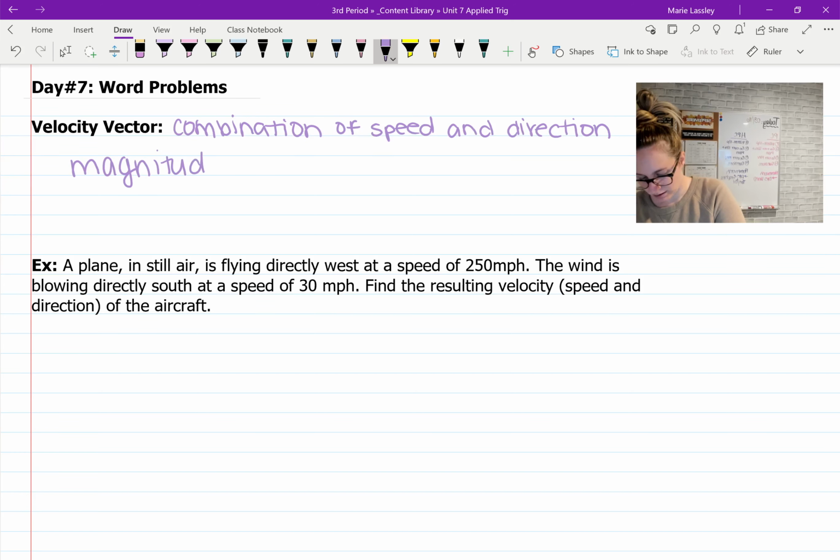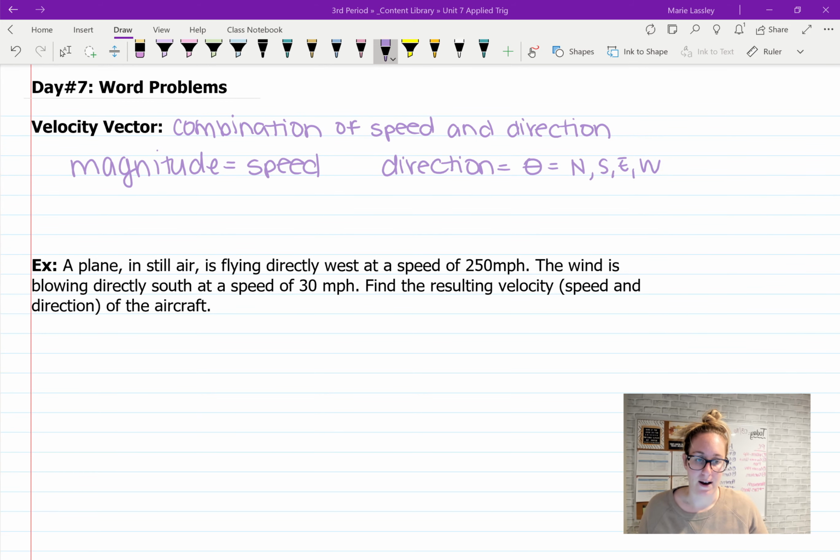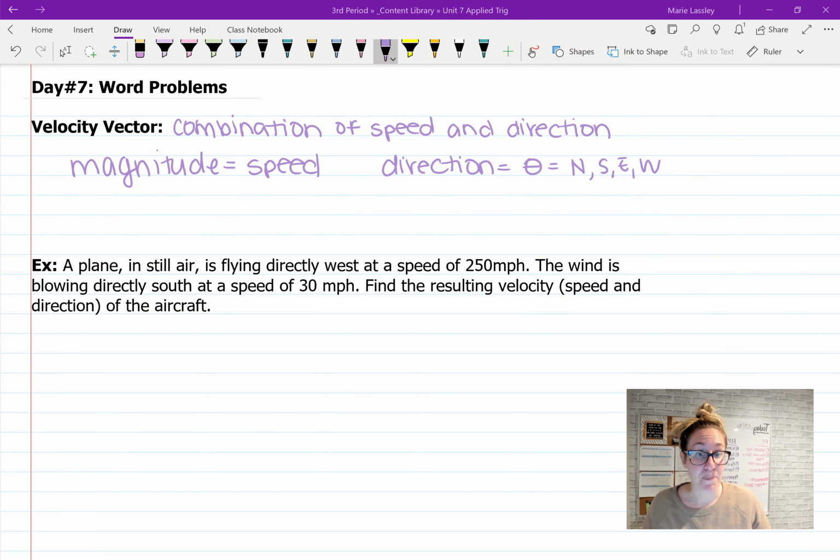Magnitude is going to be the speed in these word problems. And direction, that's still going to be your theta, but it's going to give you north, south, east, west. So it's going to give it to you with compass directions, but it's still your direction angle.